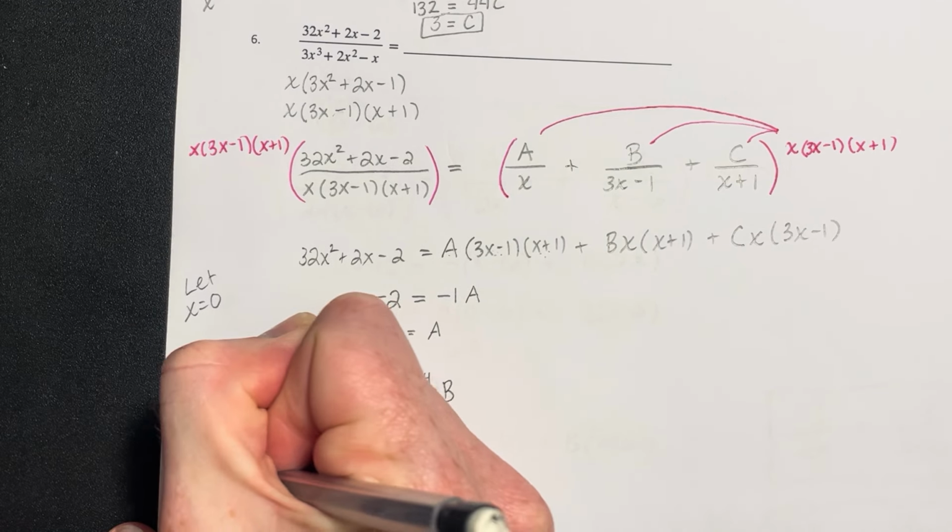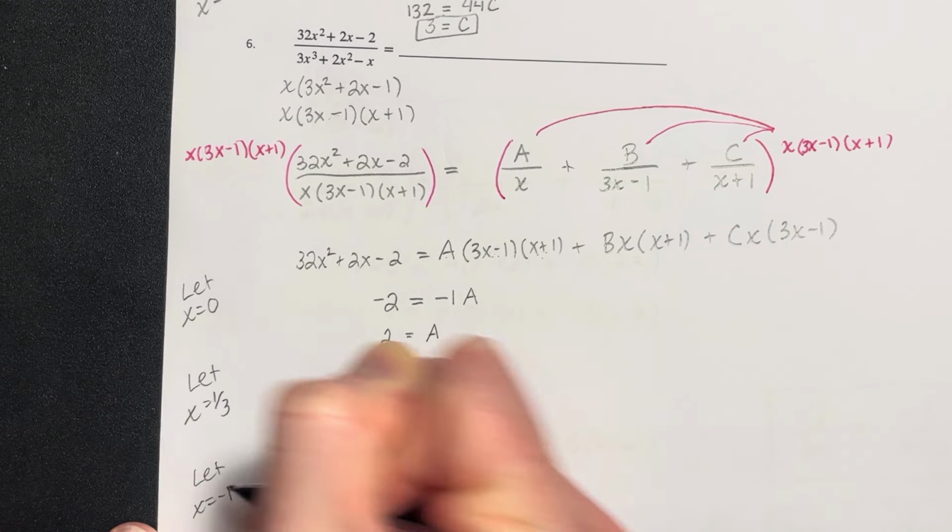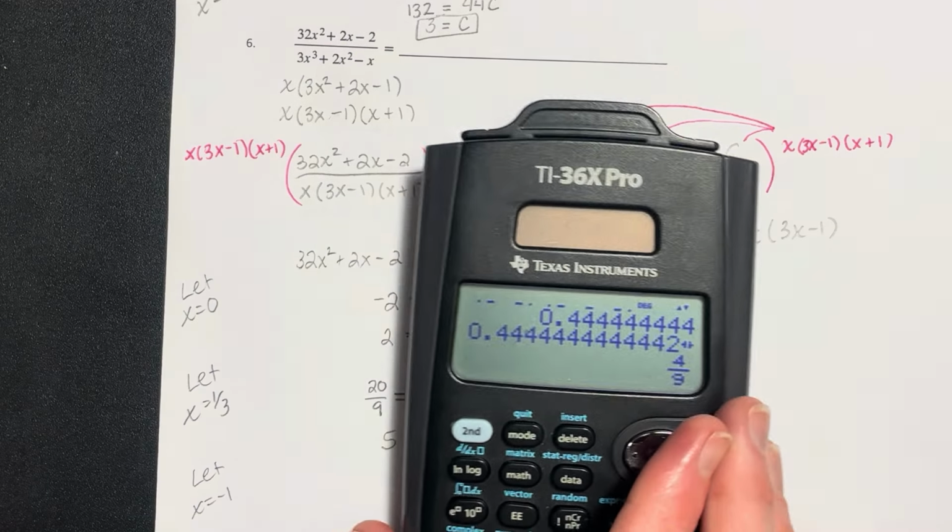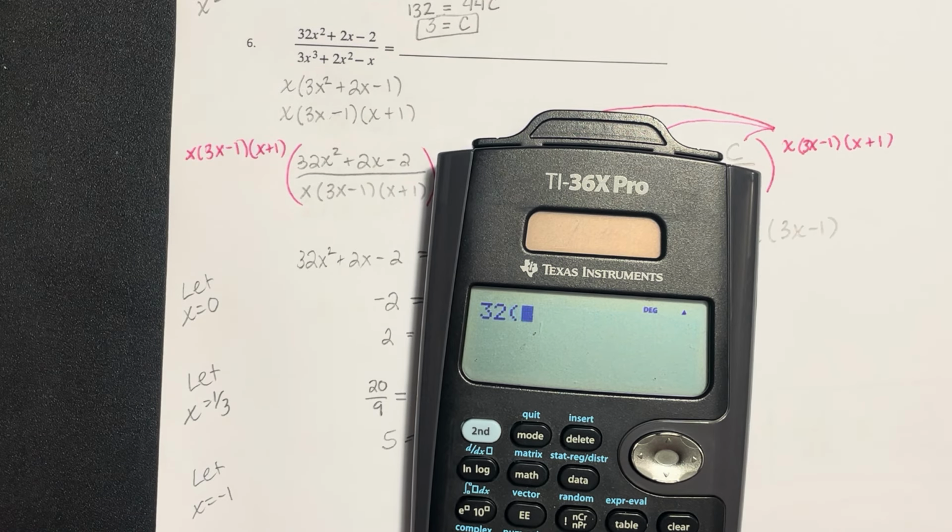And the last one, we're going to let x equal -1. And we're plugging that in as well. So the left side is positive 28.